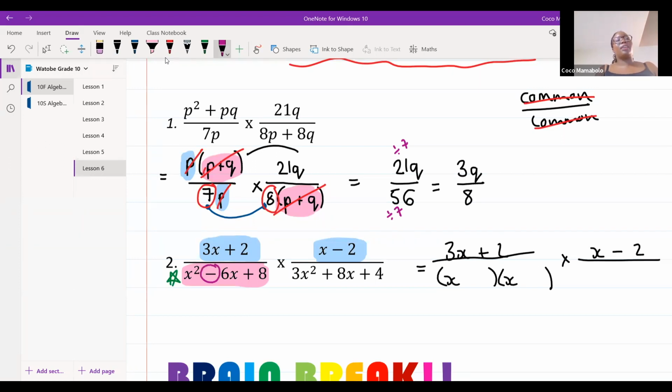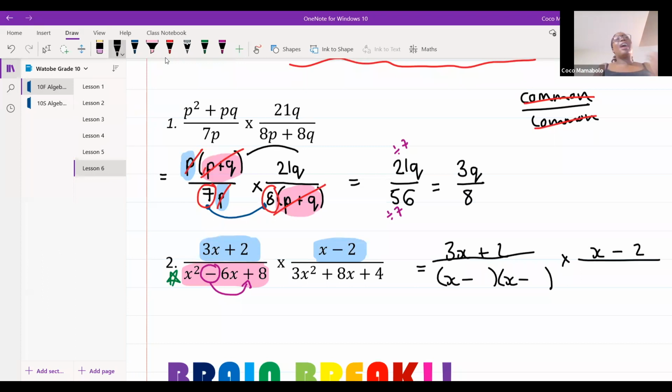I've got a negative here. And I want to multiply this negative with something so that it gives me a positive. Negative times what gives me positive? That's it. Negative times negative. Excellent. So I know that both my signs are going to be negative.